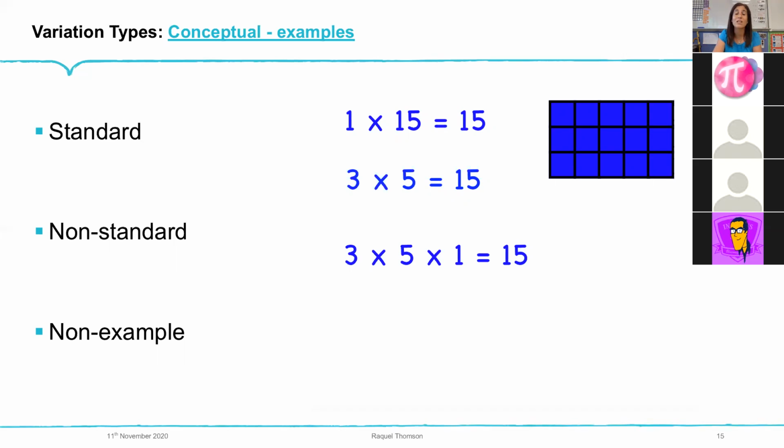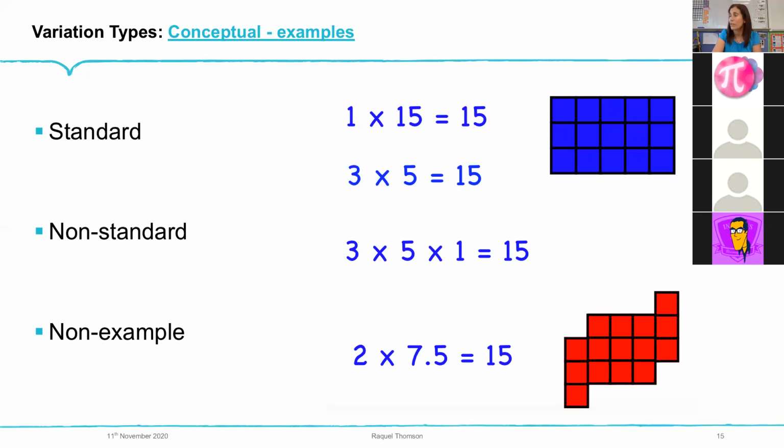And then the non-example as well. Oh, yes, a non-example, obviously the visual representation showing that there isn't an array there. So that's not showing factors or a product. It is still showing 15. If they counted the squares, they could still count 15.